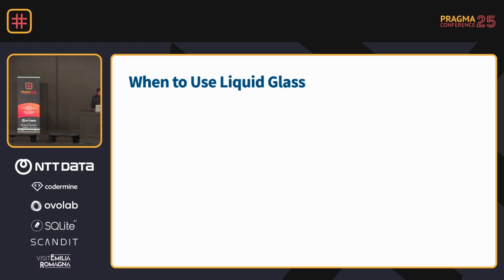And let's see when to use Liquid Glass. Especially if you use native system components like navigation bars, yes, of course, you can use glass effects. That will make your users feel your application is up to date in iOS 26. That's really important. So use navigation bars and tab bars, and also floating buttons.